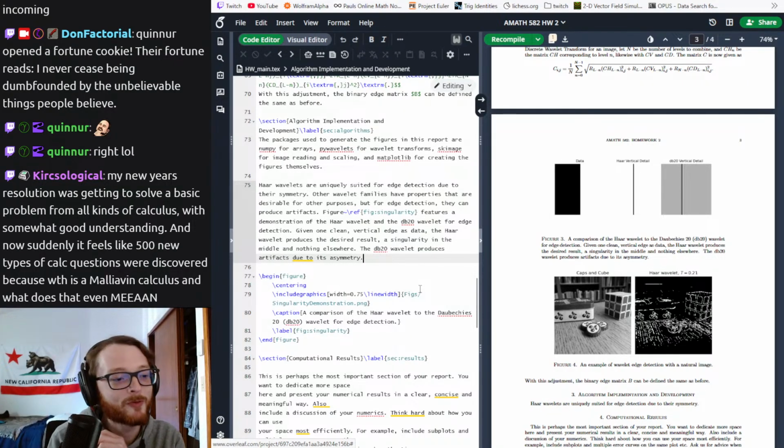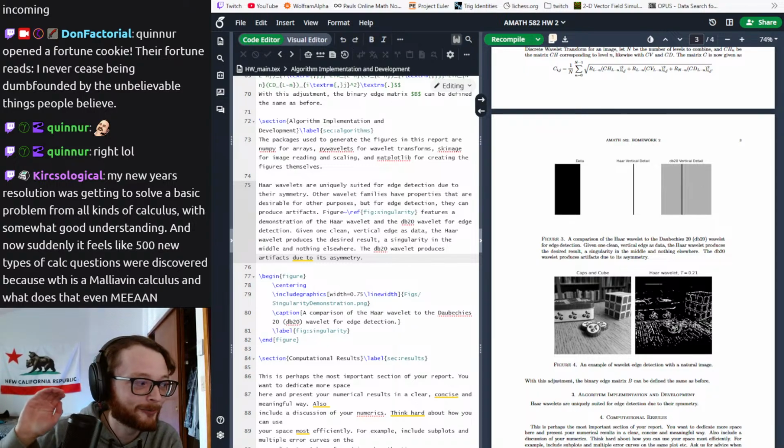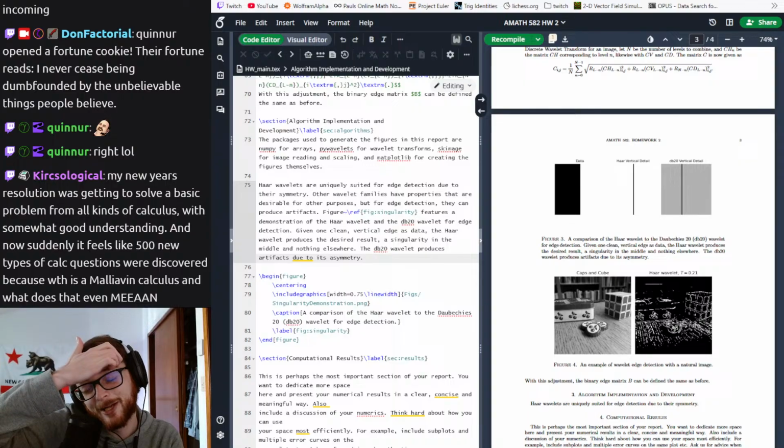My New Year's resolution was getting to solve a basic problem from all kinds of calculus with somewhat good understanding. Now it suddenly feels like 500 new types of calc questions were discovered, because what the hell is a Malliavin calculus, and what does that even mean? Oh wait, so the word calculus has a bigger meaning, like calculus can refer to things that aren't what you study early on in a math undergraduate degree.